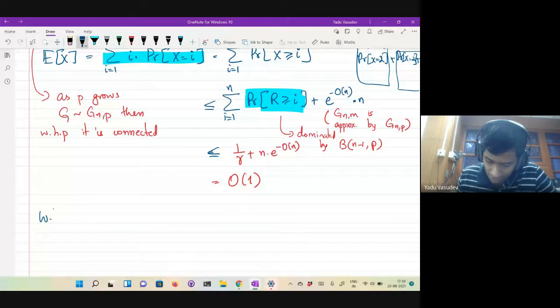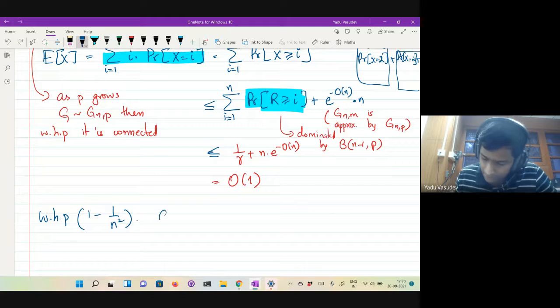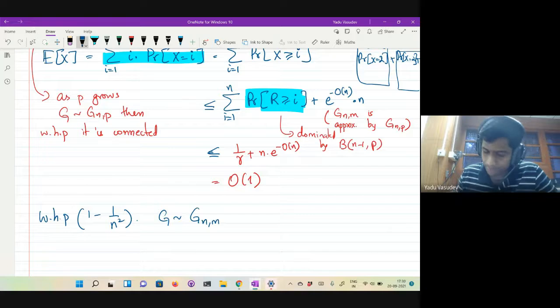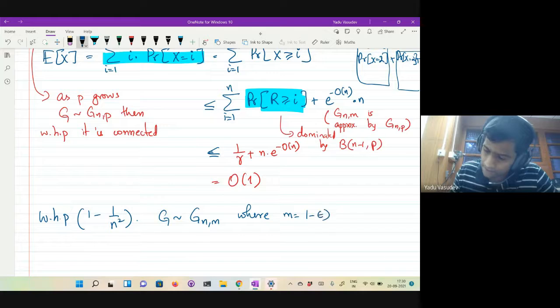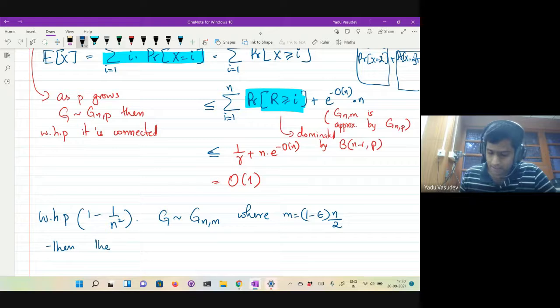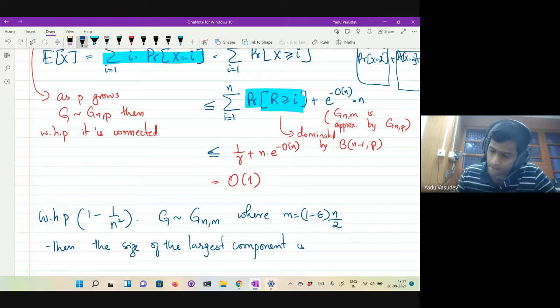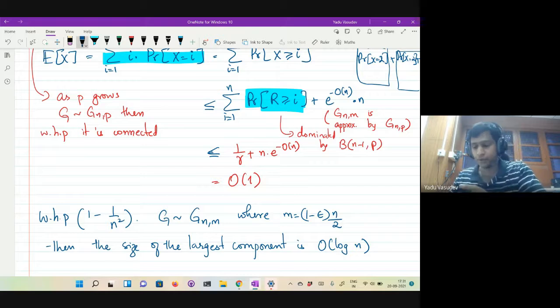With high probability, which will be something like 1 minus 1 over n squared, if you sample a G from G(n, m), where m is (1 minus epsilon) n over 2, then the size of the largest component is order log n, right? It basically means that you will not find any component of size larger than this, right?